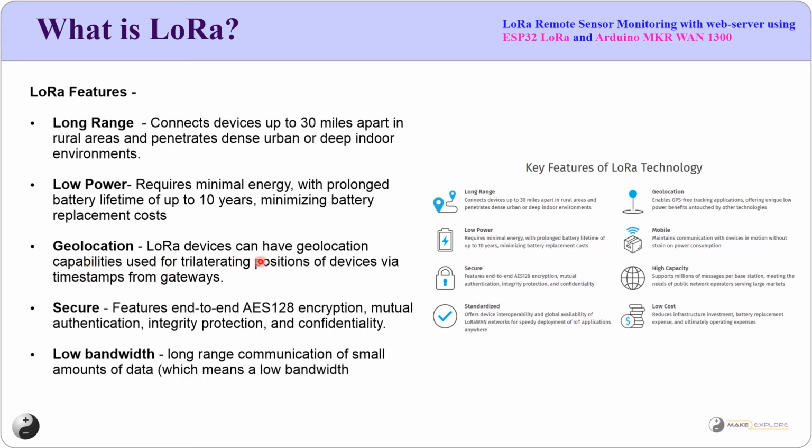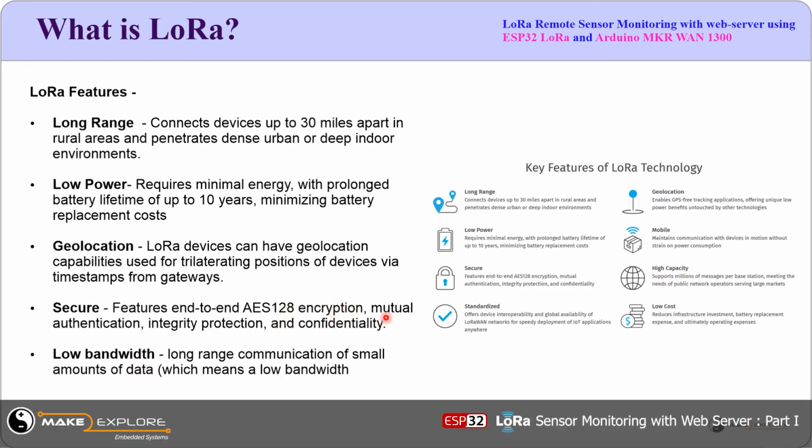Geolocation. LoRa devices can have geolocation capabilities used for tracking positions of devices via timestamps from gateways. Security. It features end-to-end AES 128-bit encryption, mutual authentication, integrity protection and confidentiality. Low bandwidth. Long range communication of small amounts of data. It requires very low bandwidth.